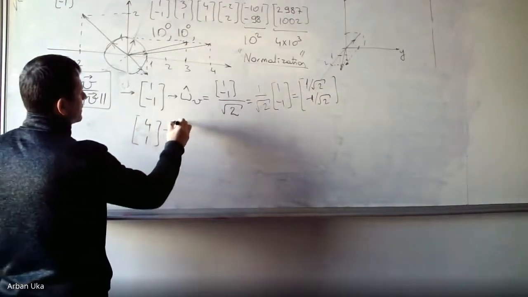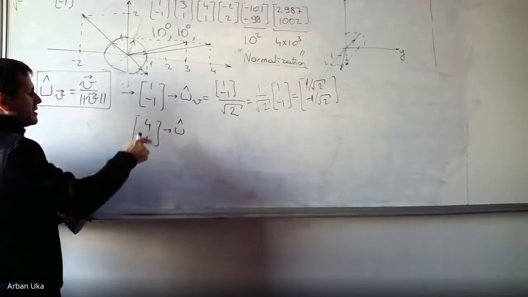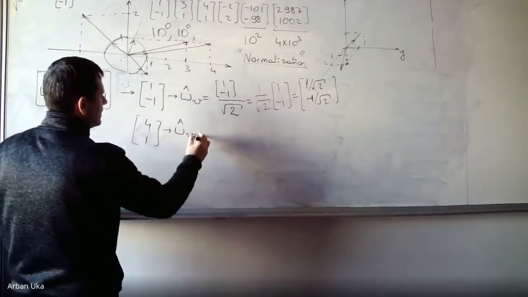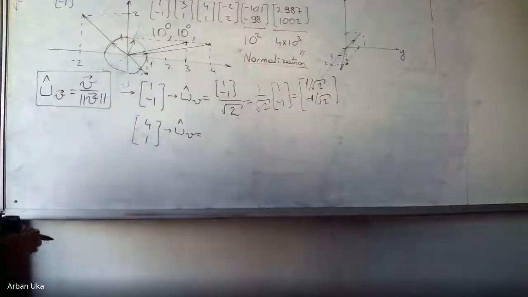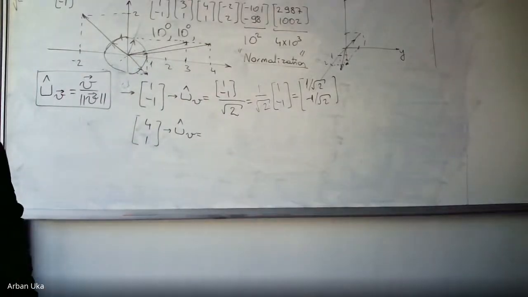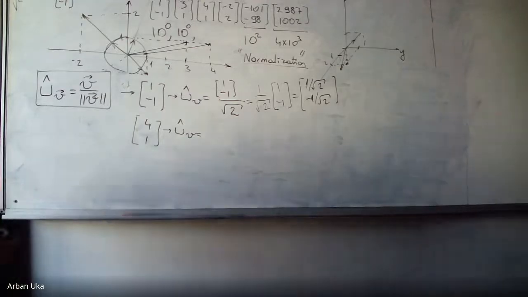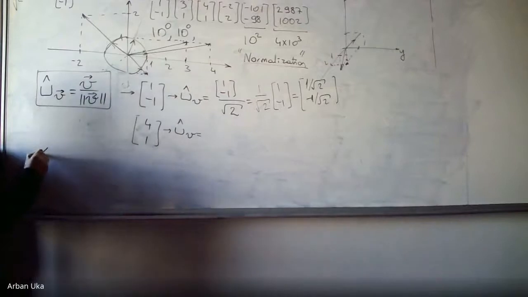The unit vector with length 1, this is what we mean, along v, is going to be, let's find out what the magnitude of 4, 1 is. I want Andre to follow me here. So Andre, what could be the magnitude of 4, 1?